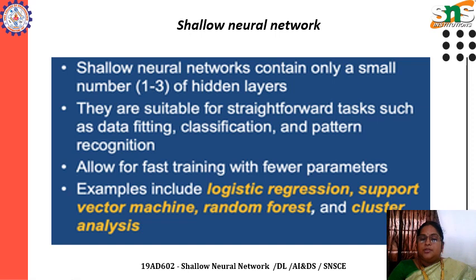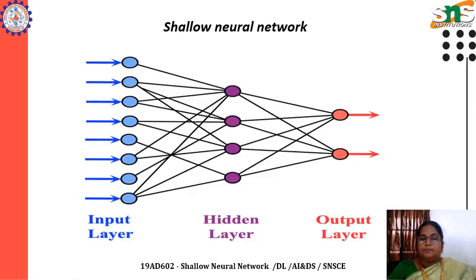They are very straightforward and mainly used for data fitting, classification and pattern recognition. It is mainly for fast training with very few parameters. Examples, as I already mentioned, from machine learning: logistic regression, SVM, random forest algorithm, cluster analysis. All these can be implemented using shallow neural networks.